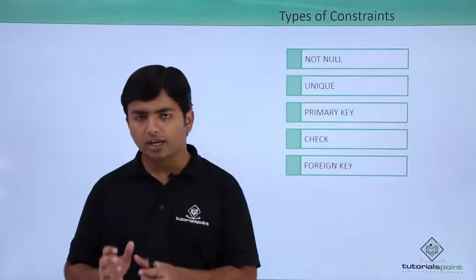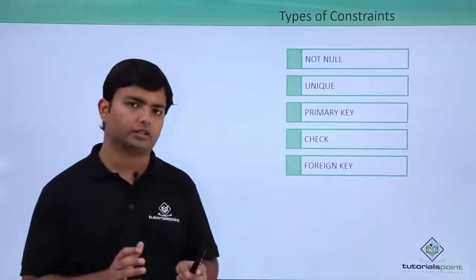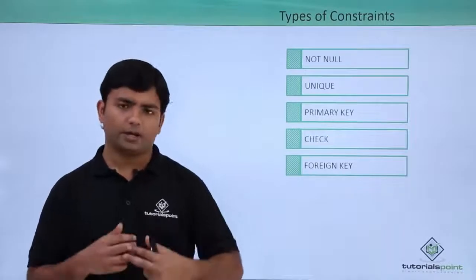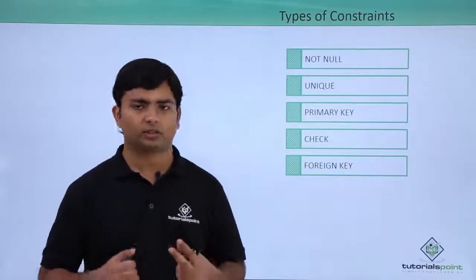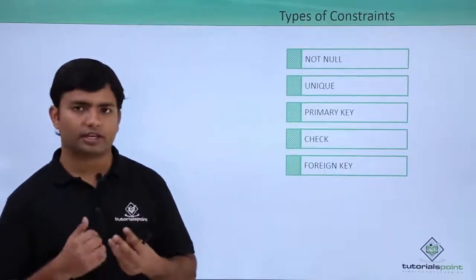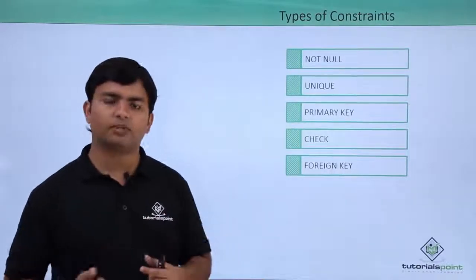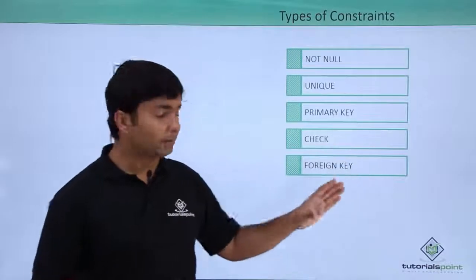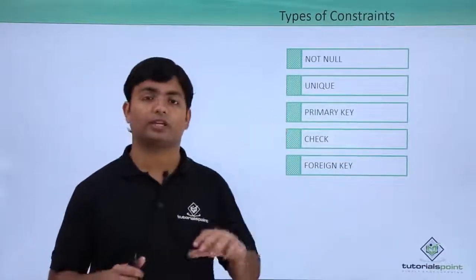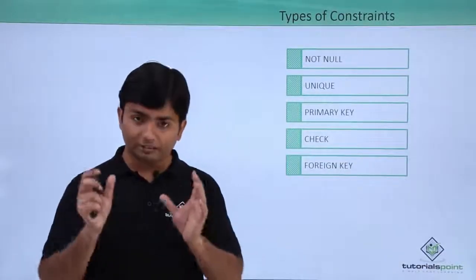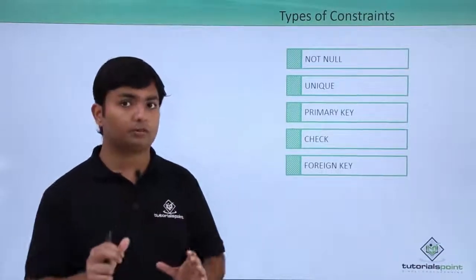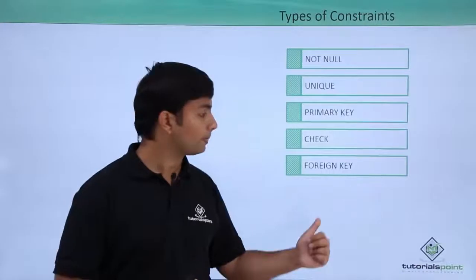Similarly, if I have a column called gender which accepts a single character, M or F, that makes sense, but if you enter anything like A, B, C, D, it doesn't make any sense. So those things can be validated by the check constraint, which will ensure that only a value satisfying a particular condition will be allowed to enter in the table.